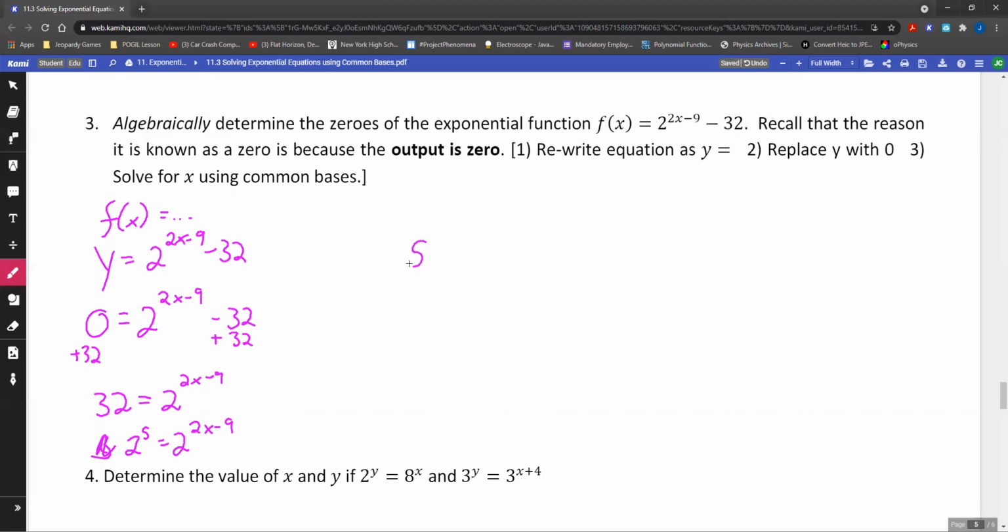So we get 5 equals 2x minus 9. Add the 9 over. And we get 14 equals 2x. And we get x equals 7.